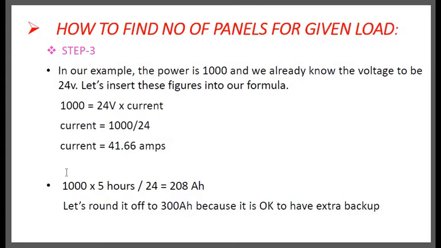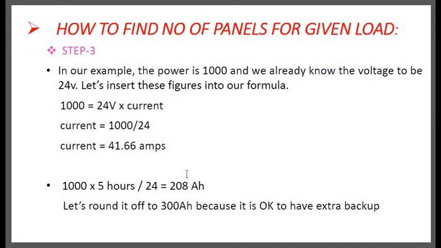Now assume we want a backup of 5 hours, then our battery requirement will be like 1000 multiplied by 5, so it will give watt hour, but we want the battery rating in ampere hour, so we have to divide our watt hour by 24 volts, so it will give 208 ampere hour.